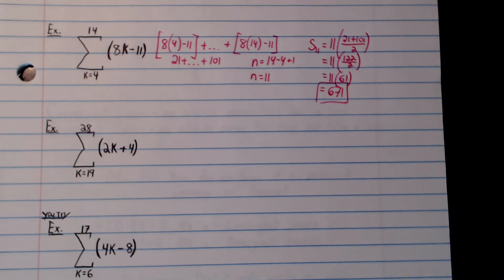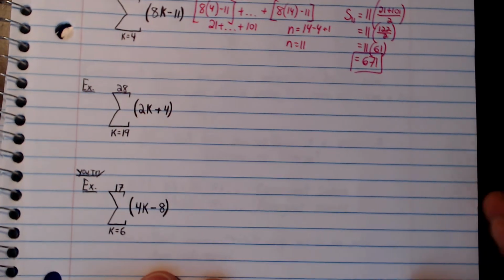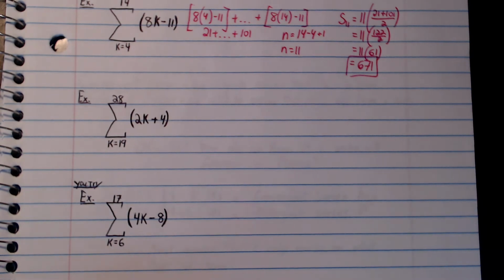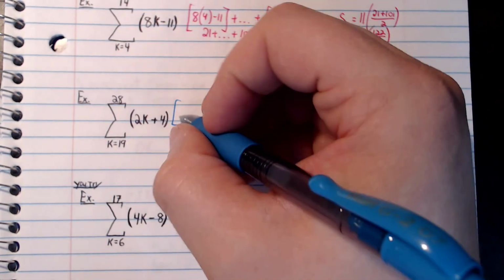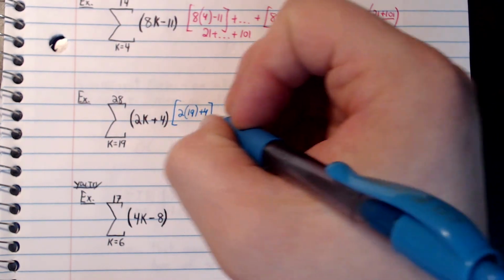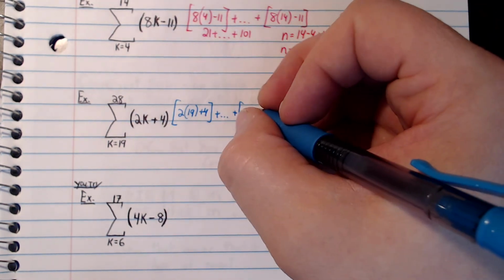Okay, so I got one more to go over with you before I let you try your own. Very similar to what we just saw, right? So if you want to keep these in view as a reference, this is what we started with. We started by plugging in our first value. Then we plugged in our last value.